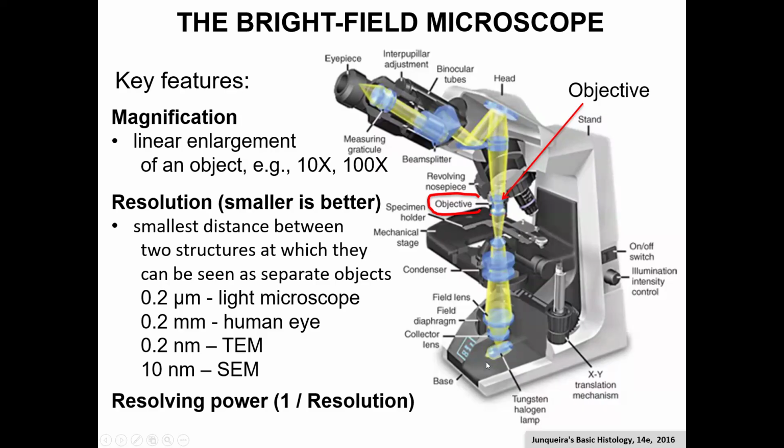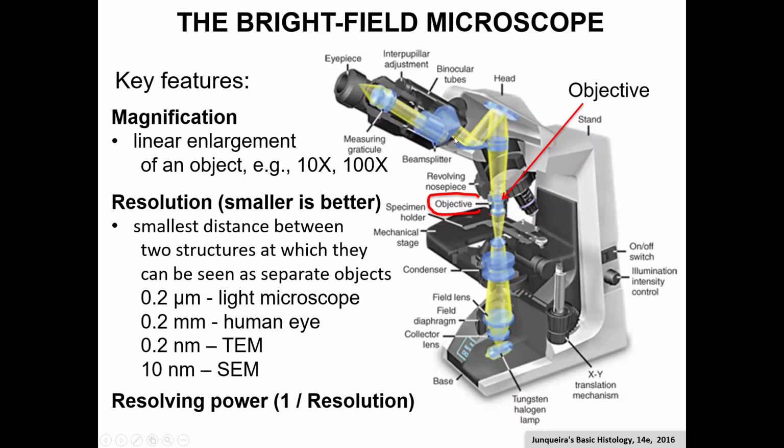The light is usually emitted from a tungsten halogen lamp. It is condensed and focused on the specimen, and it passes through the specimen. The light is dispersed after interacting with the various structures present in the specimen, and is then reassembled into the image of the tissue by the most important part of the microscope, the objective.